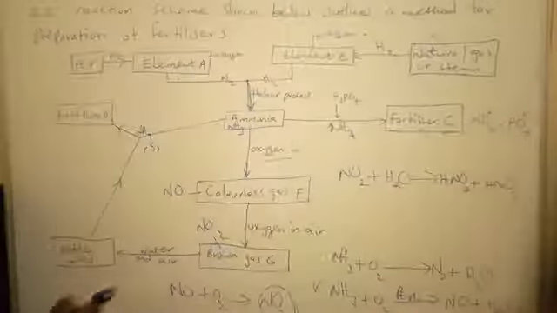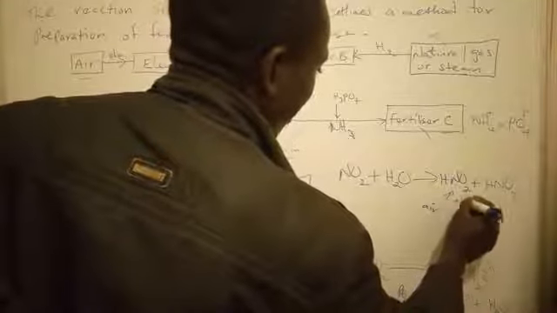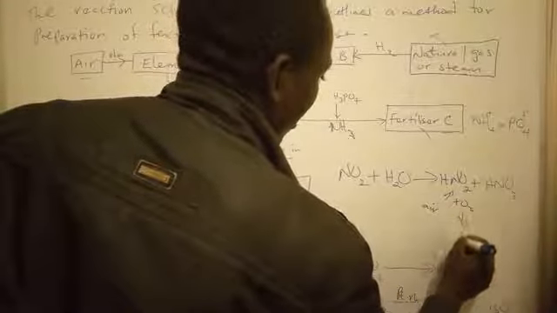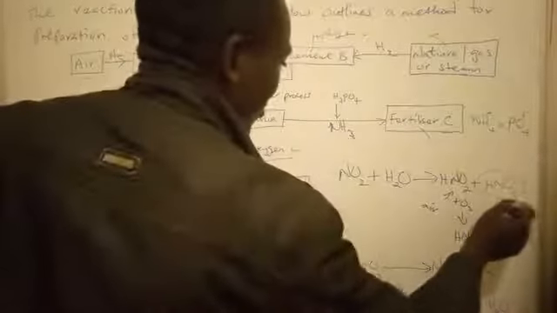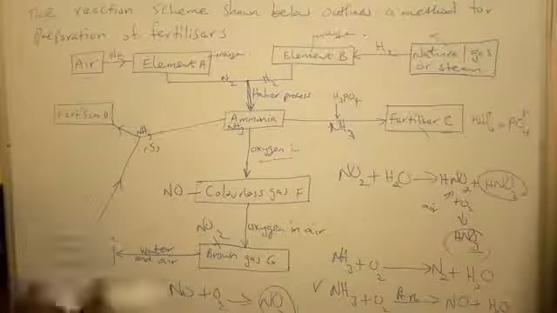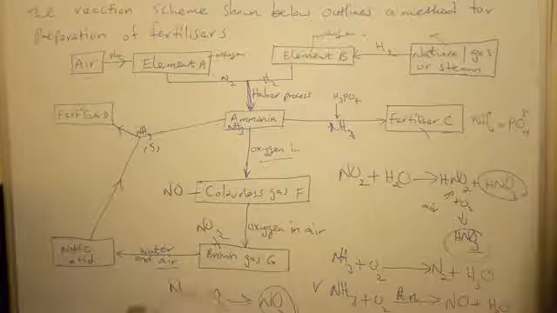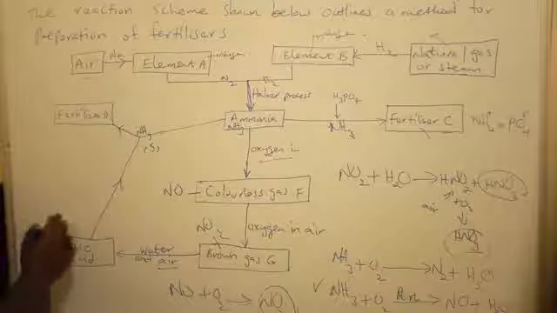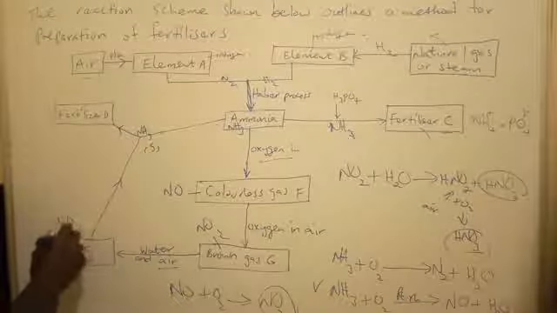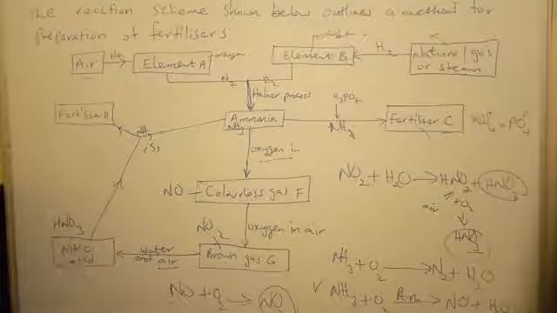But they have said there is enough air, so this air will simply oxidize this to nitric 5 acid, and that's why at the end of the day we are getting nitric 5 acid. We are not having the 2 acids because as we add water there is also oxygen. The nitric 3 acid will be oxidized in the presence of this air to form nitric 5 acid.